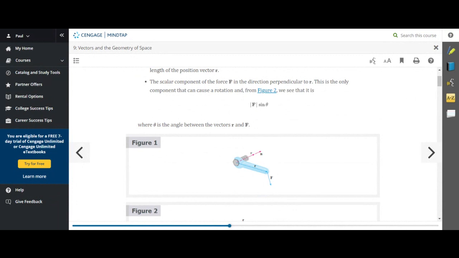Well, the normal vector n is perpendicular to the plane that contains the vectors r and f. And in fact, the cross product of two vectors is always perpendicular to the plane that contains those two vectors. It's a natural thing for the torque vector to be perpendicular to the wrench and the force vector.